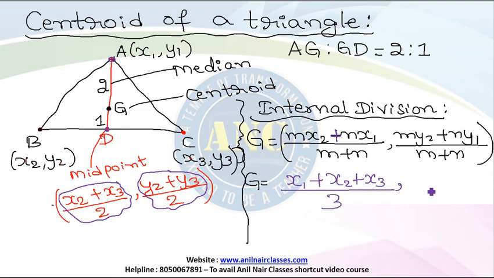Similarly, the other value after the comma is y1 plus y2 plus y3 divided by 3. I hope you are understanding how this is derived in the easiest way possible. That means the coordinates of the centroid are given by x1 plus x2 plus x3 by 3 comma y1 plus y2 plus y3 by 3. I hope the proof is also very clear for you people.